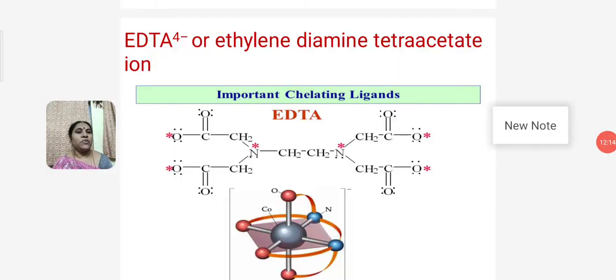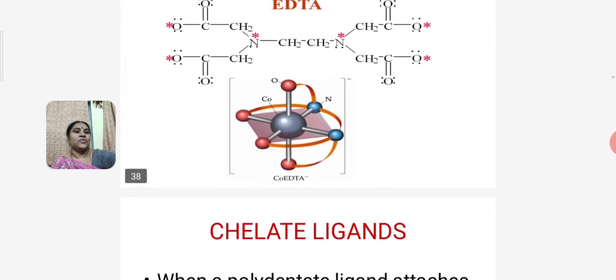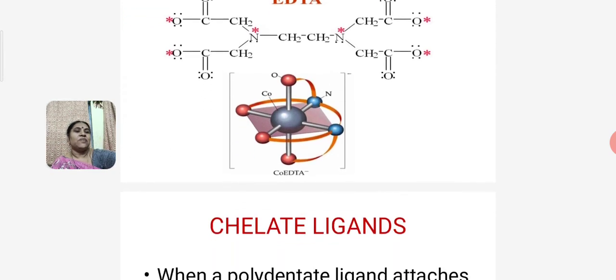Therefore, EDTA molecule can bind itself to the central metal ion through 4 oxygen atoms and also 2 nitrogen atoms. Hence, it is a hexadentate ligand. You can see an example of a complex formed by EDTA with cobalt atom.